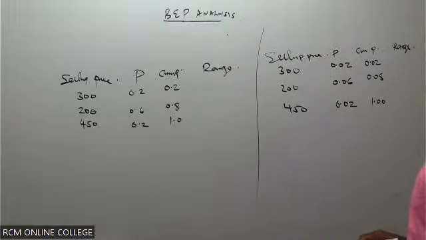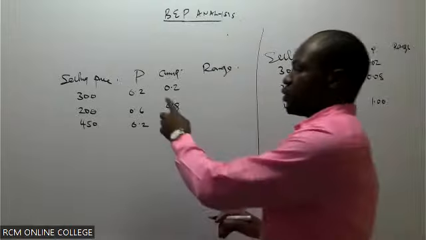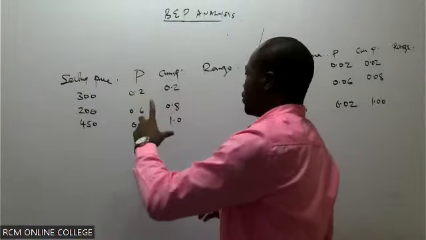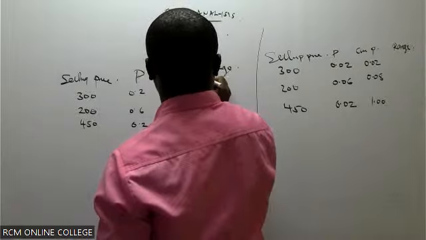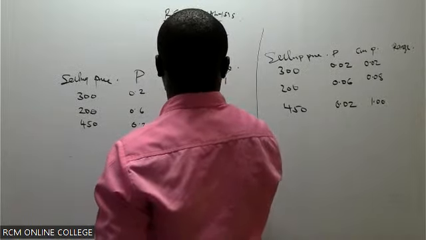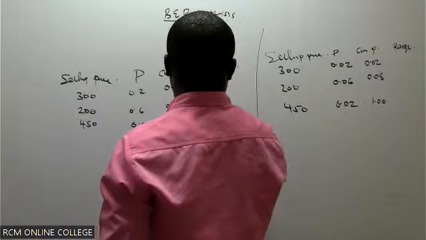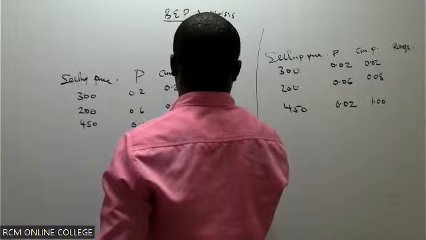Then you come to the range. I believe you're able to see that. So for the range here, look at what we are having, and I want you to tell me the pattern. So here I'm going to start with 0 to 1, 2 to 7, 8 to 9.